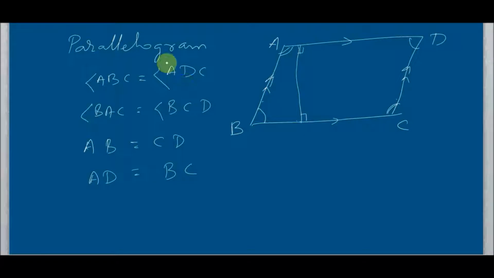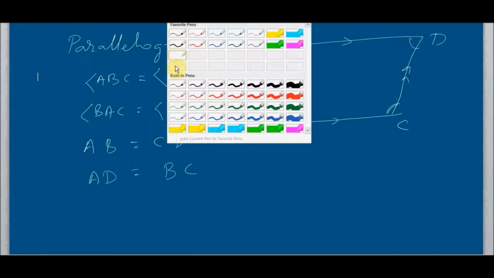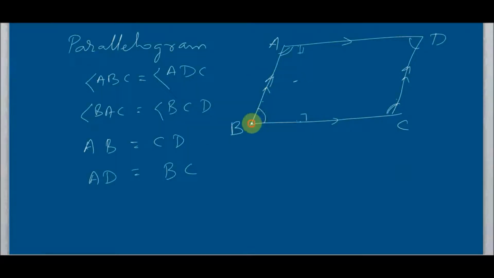And what other things about this? Yes, I have to delete this one. Sorry. The diagonals, if we draw diagonals like this, the diagonals bisect each other. Bisect means, in this case, if the diagonals intersect at point O, then BO will be equal to OD.